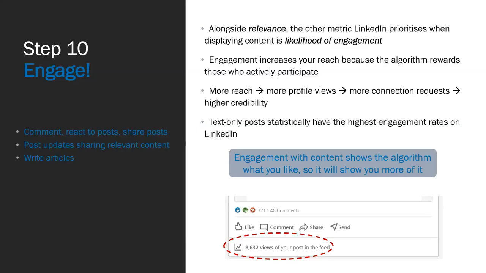It's just because of the way the algorithm works. I didn't post it to get so many views, because I didn't know it was going to be that many, but just to mention that engagement is really, really important.